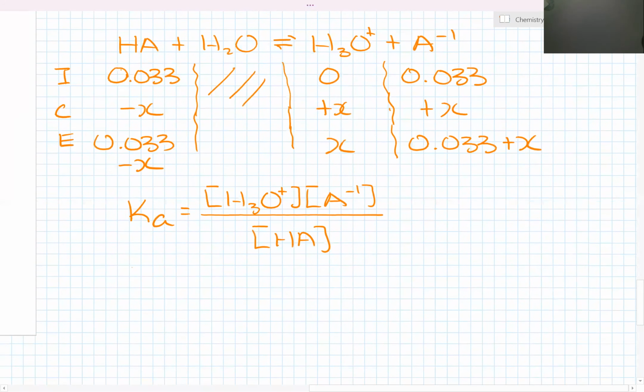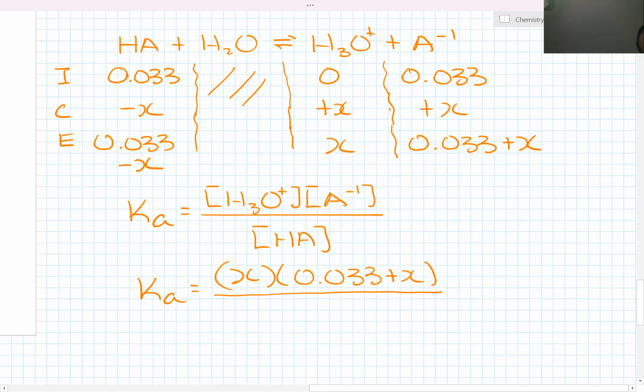So what we have is Ka is equal to x times 0.033 plus x, all over 0.033 minus x. This looks like your buffer calculations from before. And remember, to make our life easier, we can cancel out the x, the change in x.